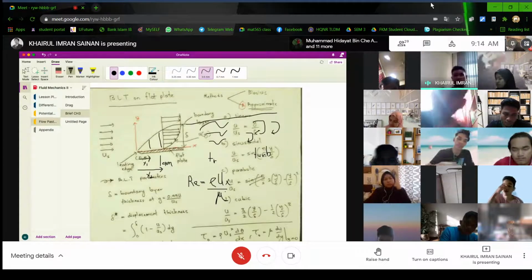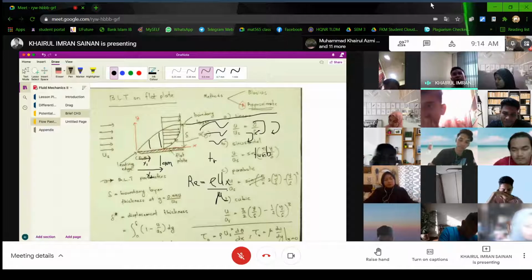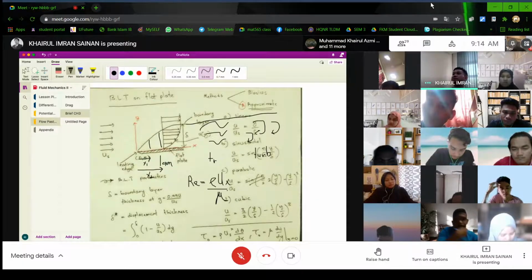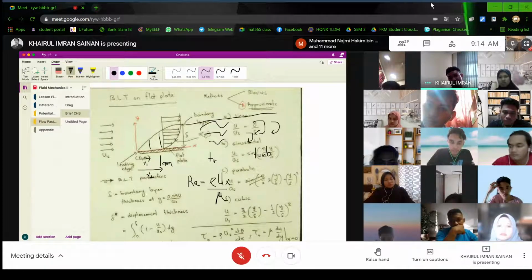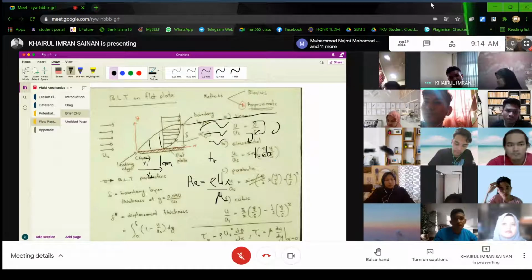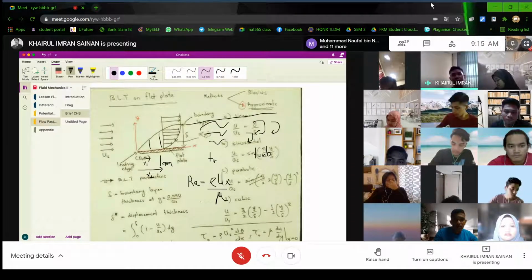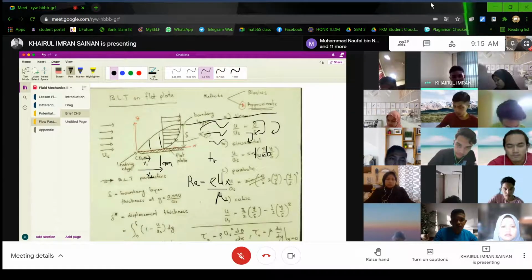So you're going to calculate this one. If the value is less than some value, 1 times 10 to the power of 5, take a look at the notes.